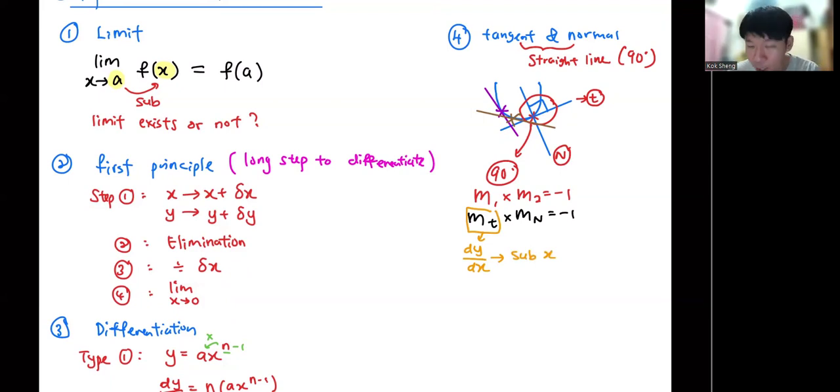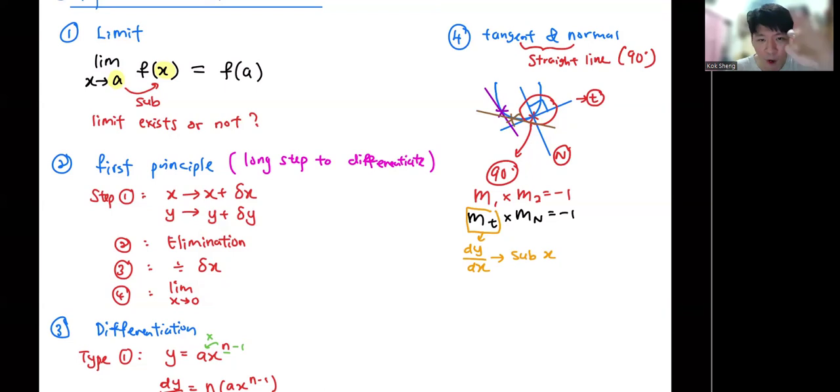You have to look at what point your tangent is on. This tangent, this tangent, and this tangent, you can see the gradient is totally different. So it depends on the point.